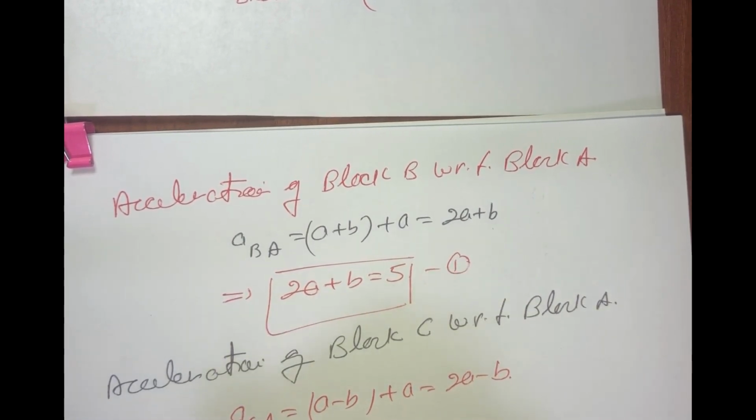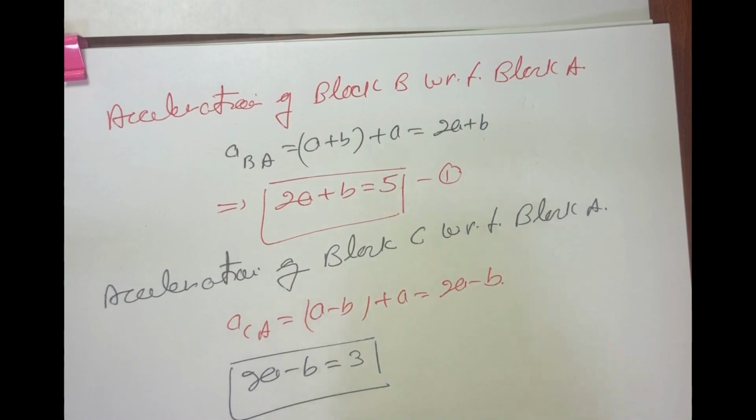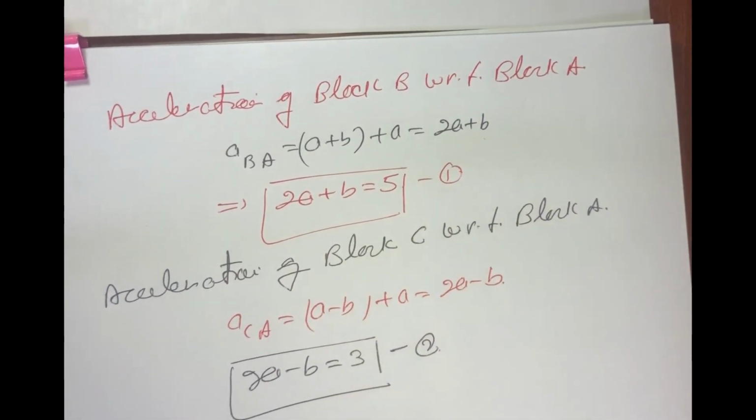So we can say 2a minus b is equal to 3. Now let us call this as equation number 2.